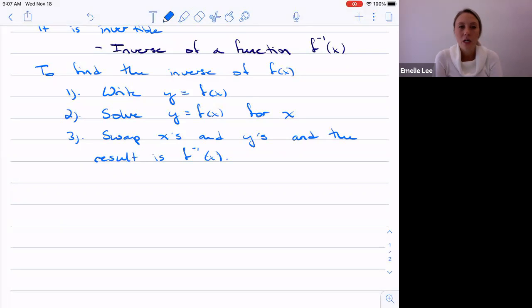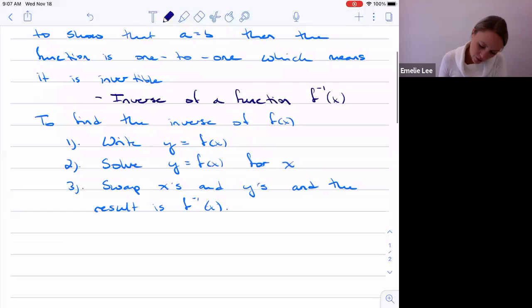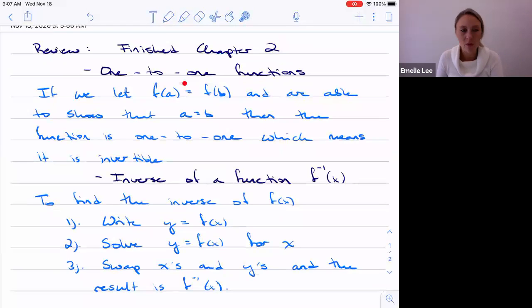Okay, so whatever you find there is your inverse function. Okay, and then, so we talked about, okay, well, a function has to be one-to-one, and then we're able to find the inverse.